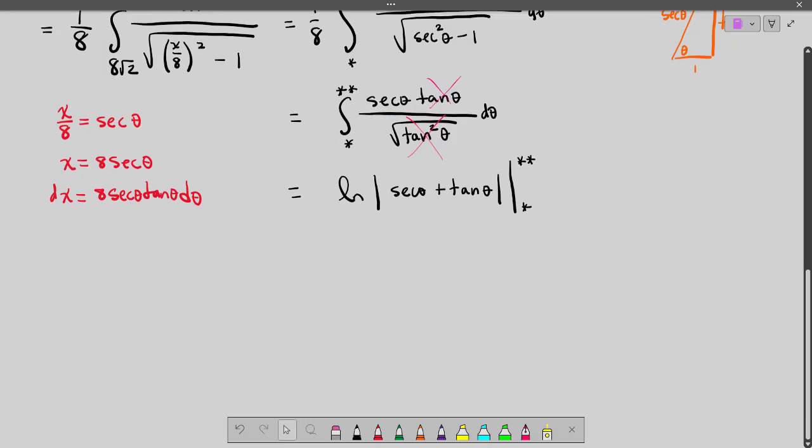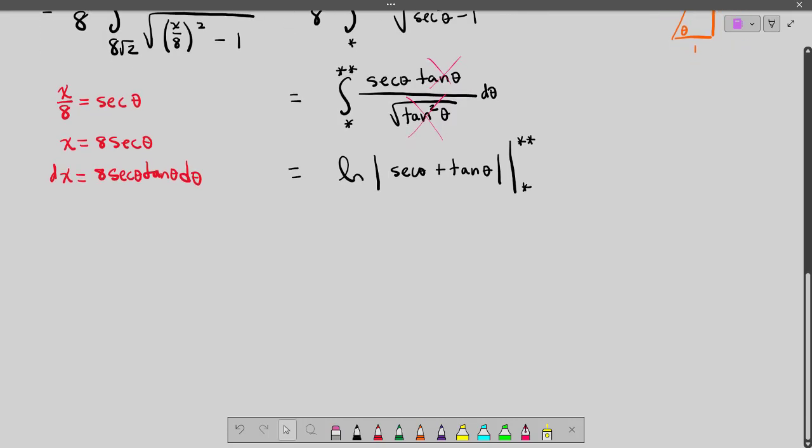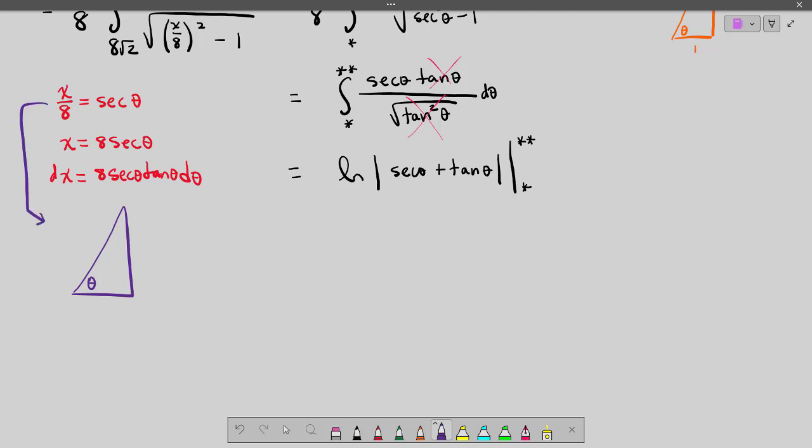The way we get back to x's is to draw this triangle that's sitting in quadrant 1 that satisfies this substitution step. So we look at our substitution step. It says that secant of theta is x over 8. We draw this triangle the same way every time, as if it's living in quadrant 1.